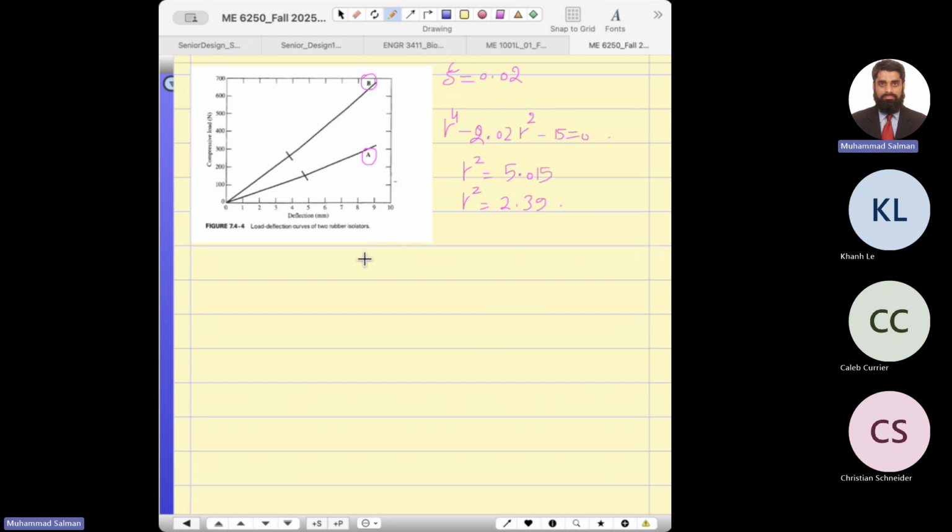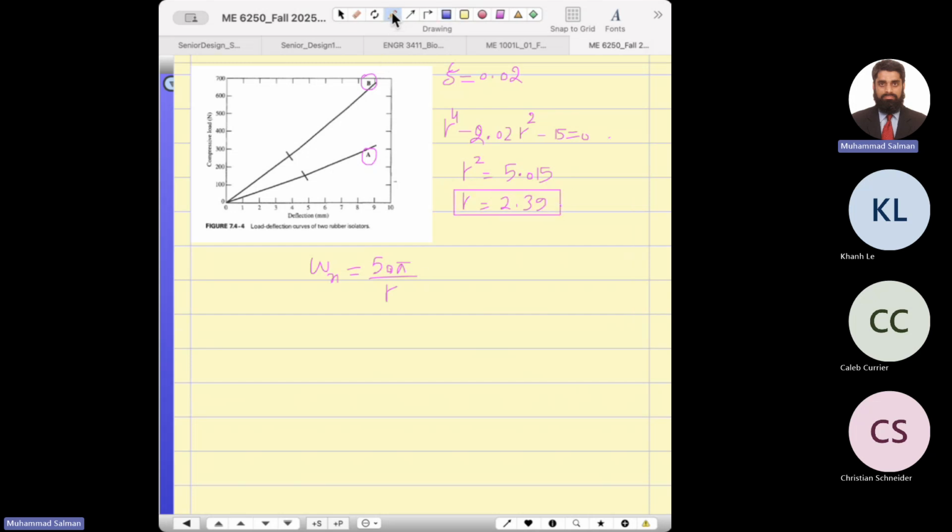So the natural frequency of the isolated system would be equal to 50 pi over r. I'm sorry, this is not r squared, this is r.